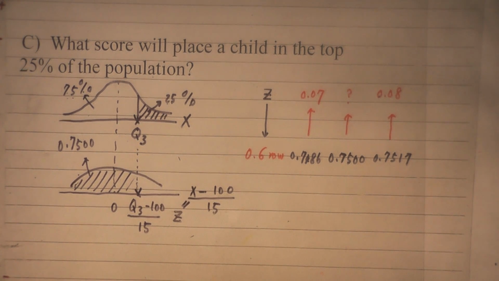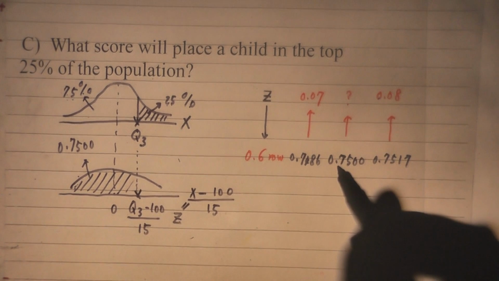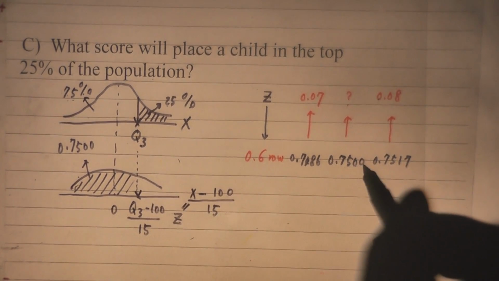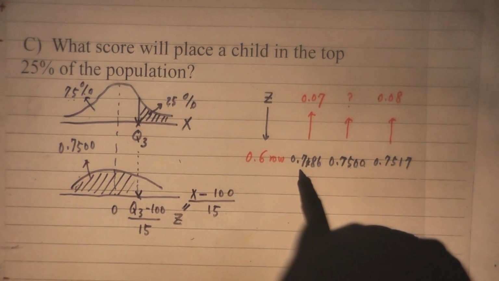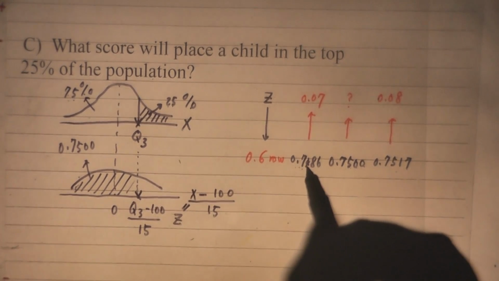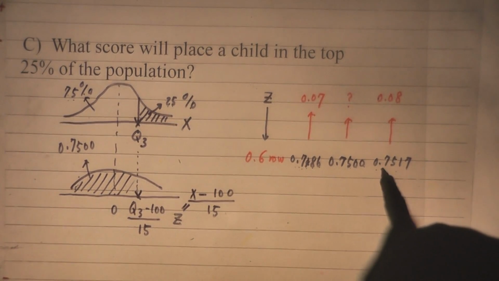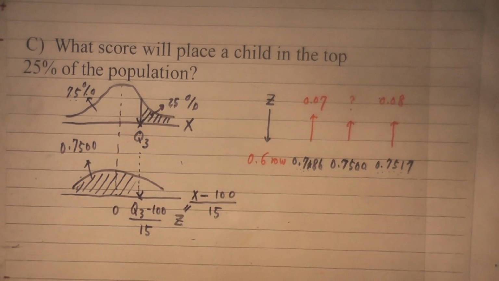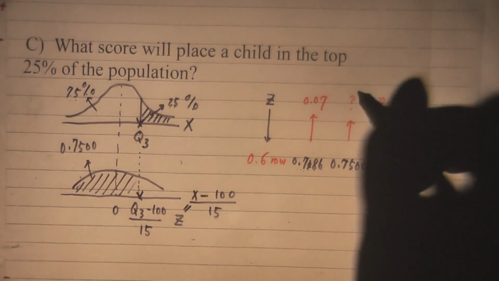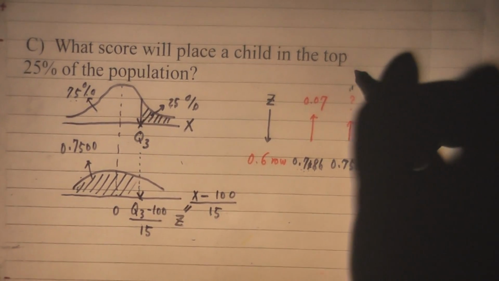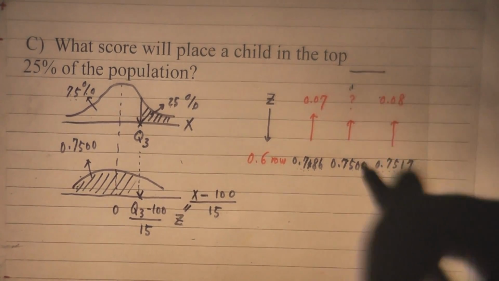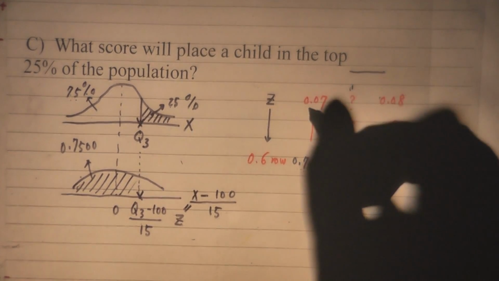As we can see, 0.7500 is almost in the middle of 0.7486 and 0.7517. So we're going to estimate this by the middle of the two.